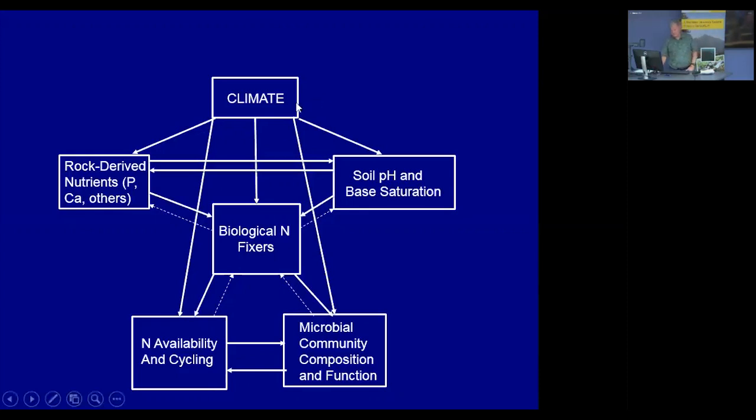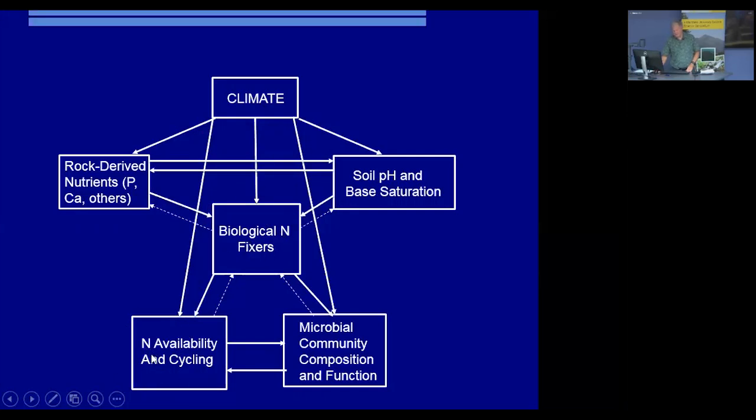So we can sort of rethink our expected controls to run from climate rather than all the other factors to properties of soils, rock-derived nutrients and so forth, soil pH. Those in turn influence biological nitrogen fixers. Those in turn influence nitrogen availability and cycling. And all of these affect microbial community composition and functioning.